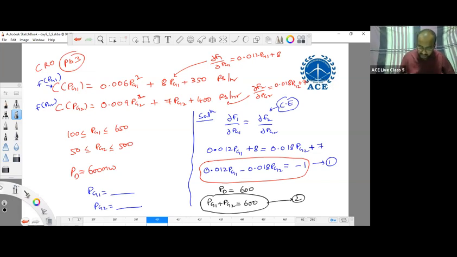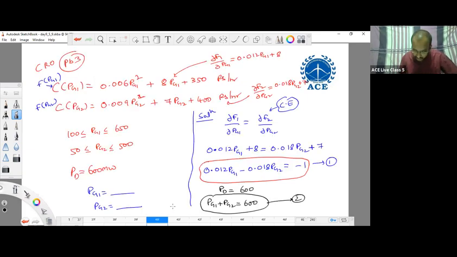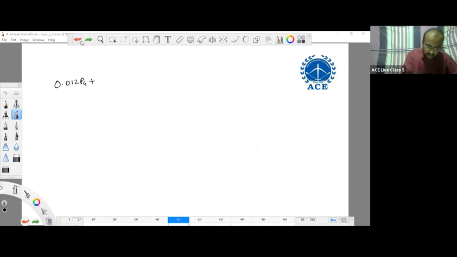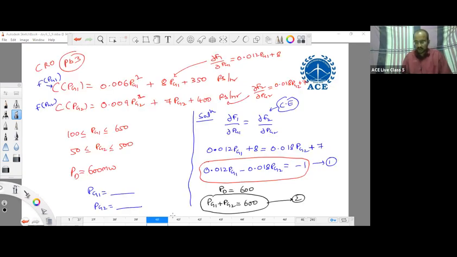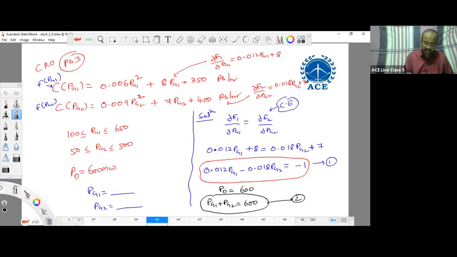So what is the first equation? 0.012 pg1 minus 0.018 pg2 is equal to minus 1, and pg1 plus pg2 is 600.